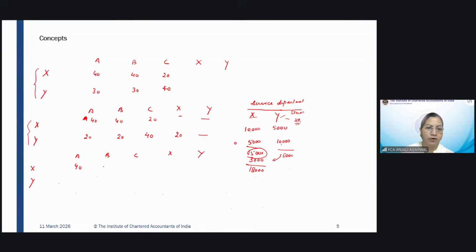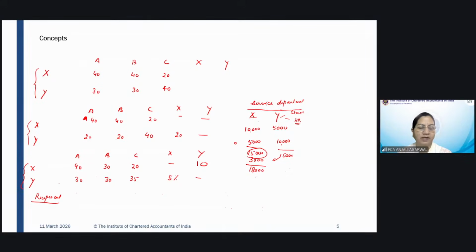Let's say 40, 30, 20, and 10% of X goes to Y. Similarly, Y 30, 30, 35, and 5% benefit of Y goes to X also. So this is the case of reciprocal service method, where the two service departments are giving services to each other.